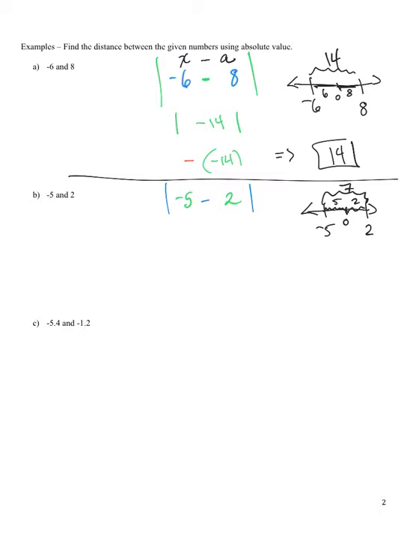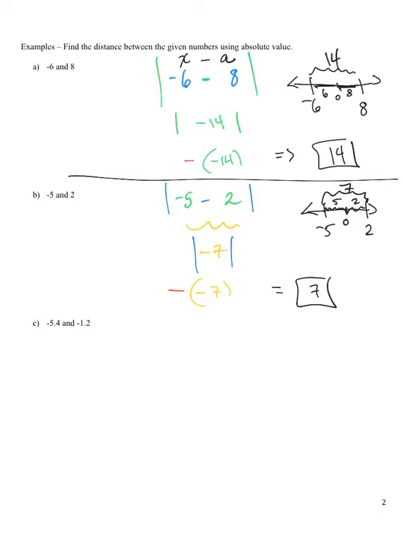Algebraically, how are we doing that? Well, we're simplifying what's inside the absolute value, that's negative 7. Since my input is a negative value, I'm going to take the opposite of it, which would give me positive 7 as being the distance between those two numbers.